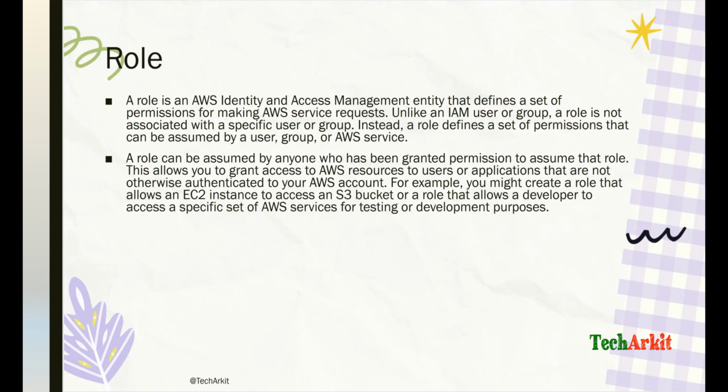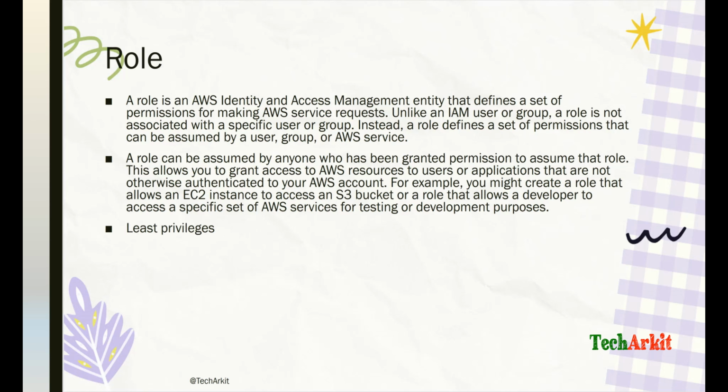So it's not a user, it's programmatic or service access. If the EC2 service wants to access an S3 bucket, you can create a role and put a cap on that EC2 instance. The EC2 instance can then write data to the S3 bucket. We will see this practically in this session.